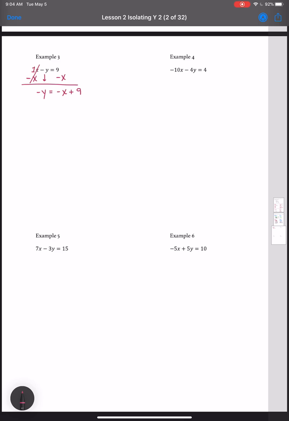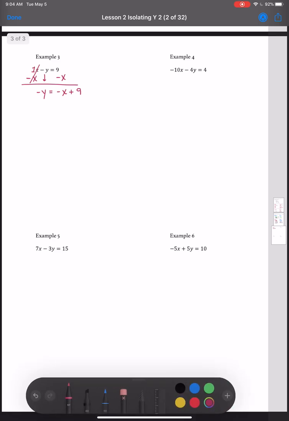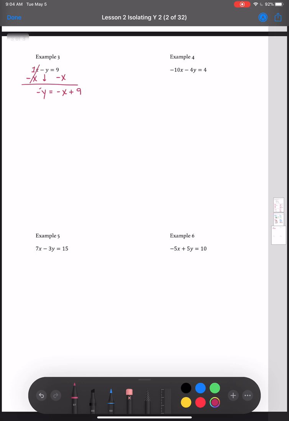Now, you think that y might be alone, but there's an invisible 1 lingering right here. So we have a negative 1 there. So what we're going to do is divide all of these terms by negative 1, which really just changes their sign. So we have negative divided by negative. Now we have positive y, a positive 1y.